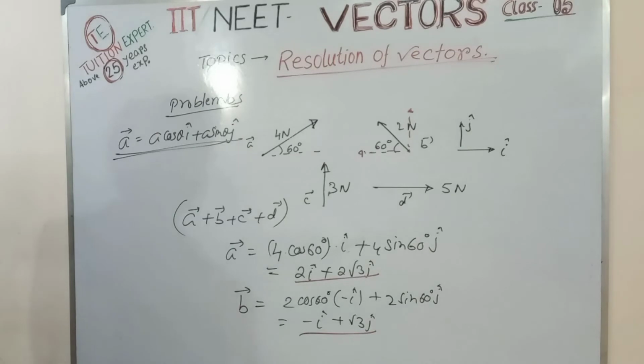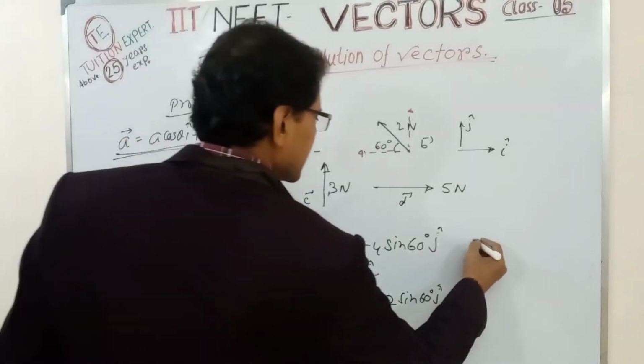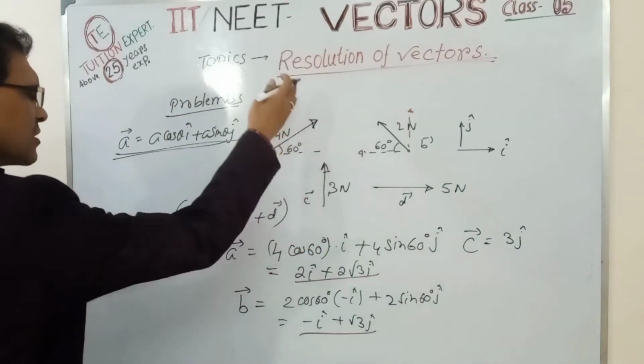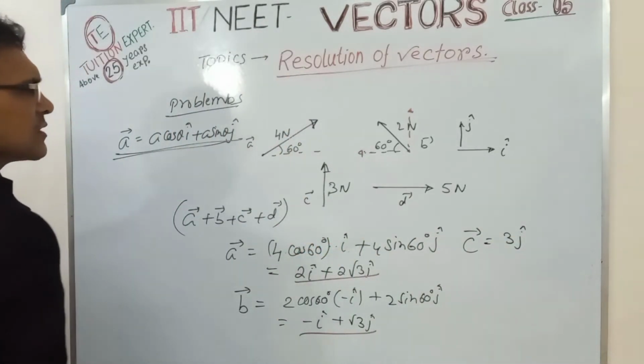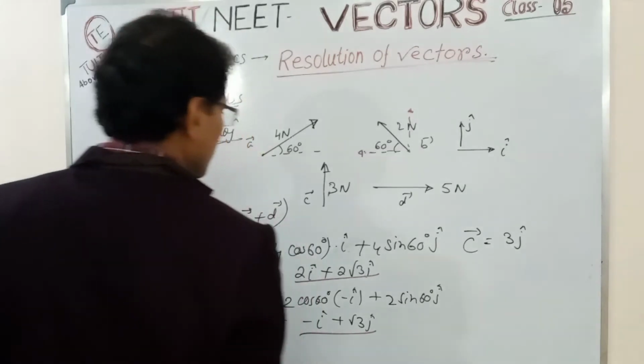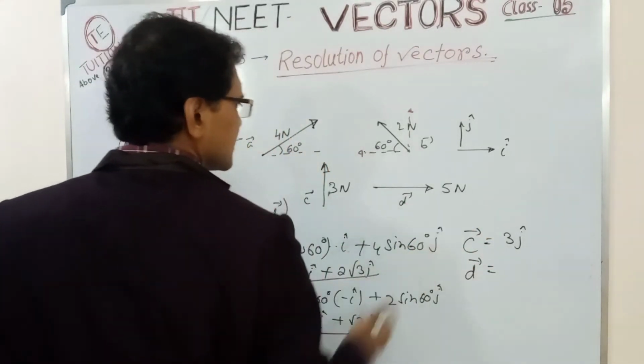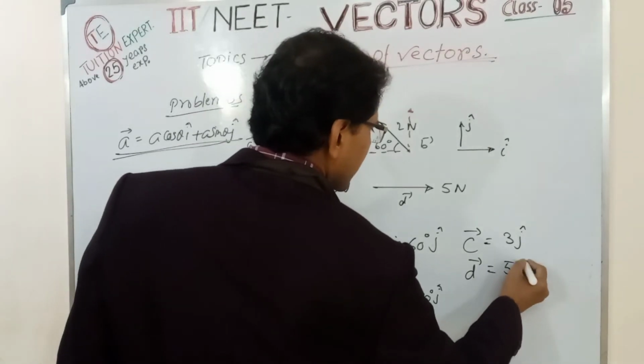And what is the C vector? We can easily write vector C equal to 3 j, because this vector is completely directed along the y-axis, and the D vector is completely directed along the x-axis, so this is 5 i.